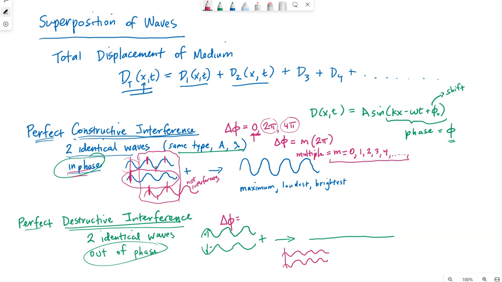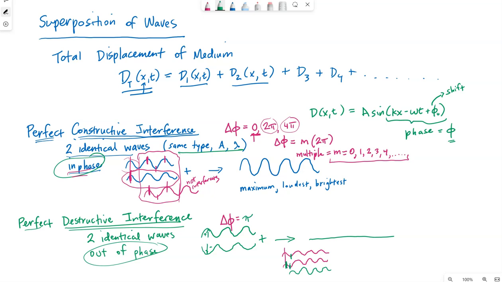But if I want to shift it so that they end up being perfectly out of phase, I need to shift this peak to line up with that trough. So now if I have a peak lining up with the trough, it's doing exactly opposite, then I get the destructive interference. So I essentially have to move this peak to where the trough was. That's half a cycle. In terms of radians, that would be pi radians.